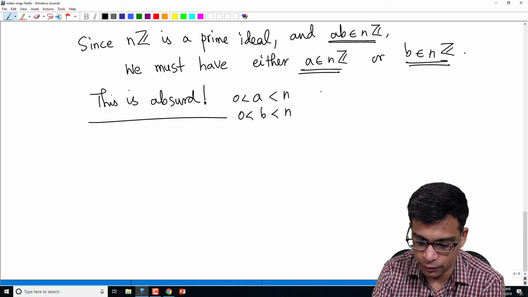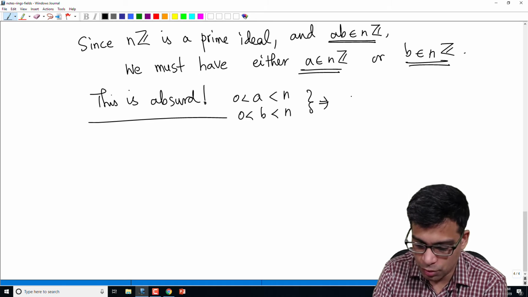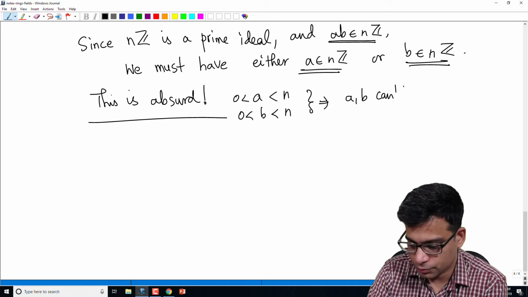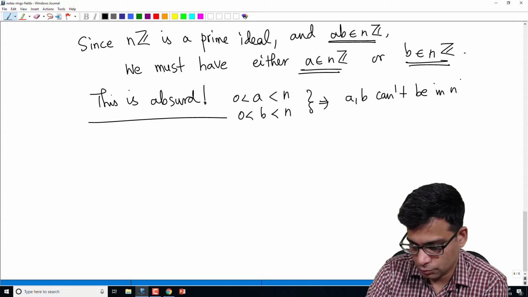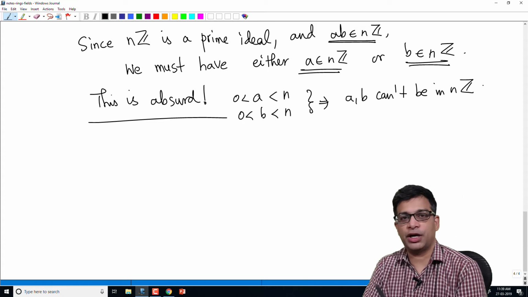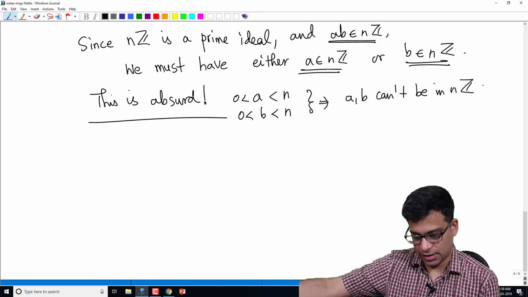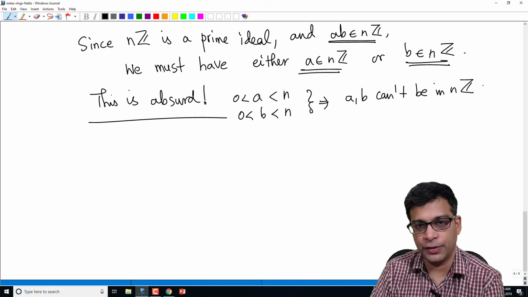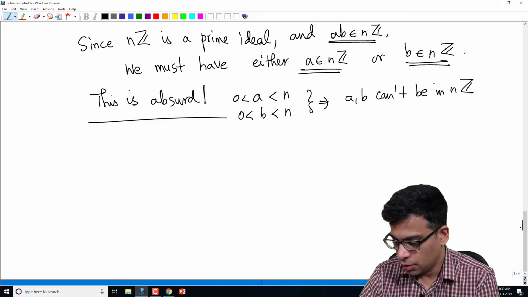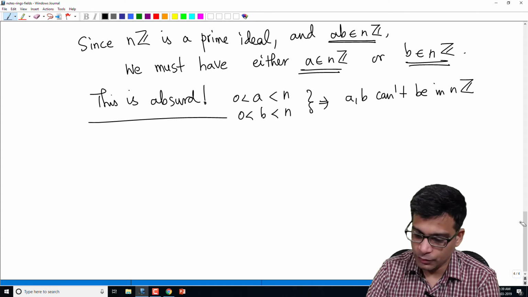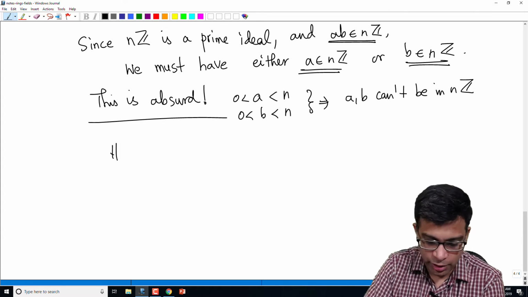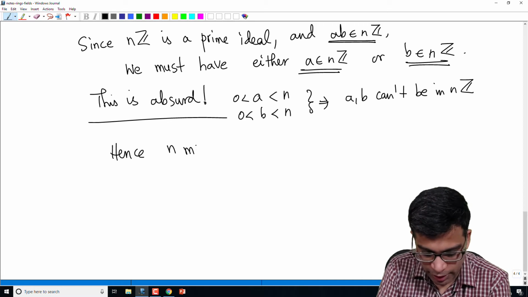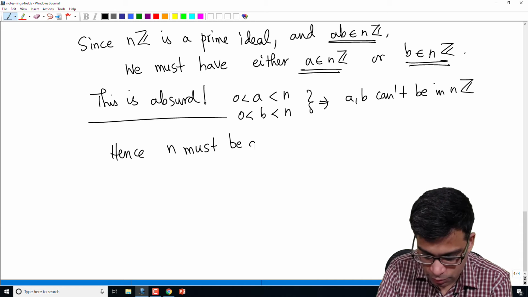So this implies a can't be in nZ, because nZ is multiples of n. So there is 0 and the next number in nZ is n. Nothing between 0 and n can be in nZ. So we have a contradiction, hence n must be a prime number.